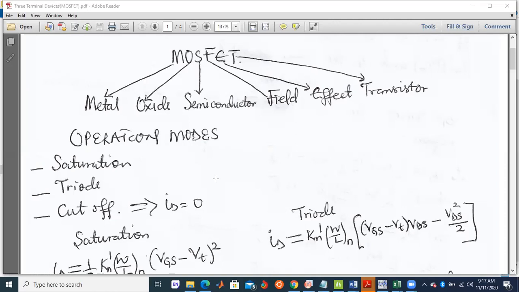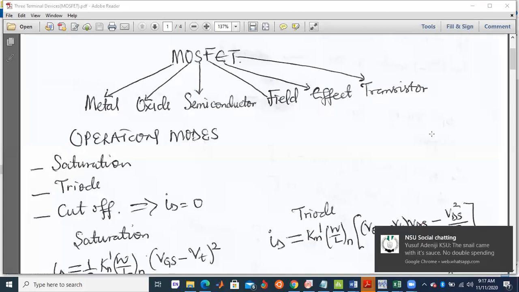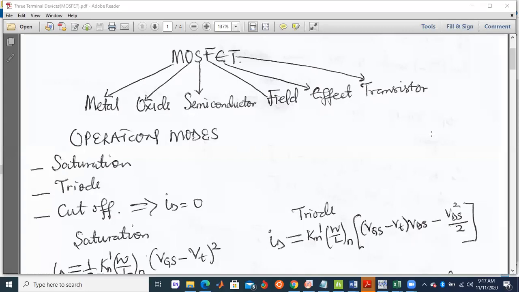Do you know the meaning of pinch off? Sometimes you will be asked which condition satisfies the pinch off of a MOSFET. So you should know that it is very, very important. In some textbooks, instead of using VDS as your factor, some people use VGS and the threshold voltage, that is VT.